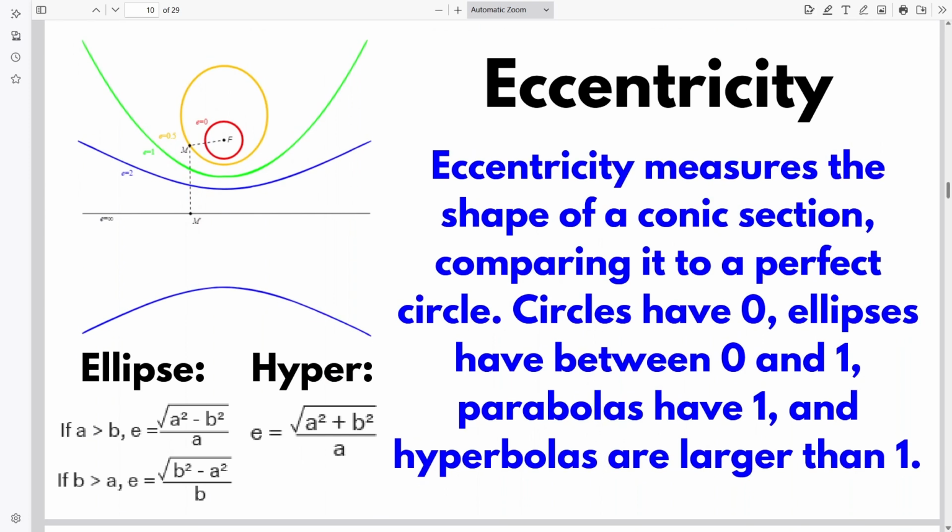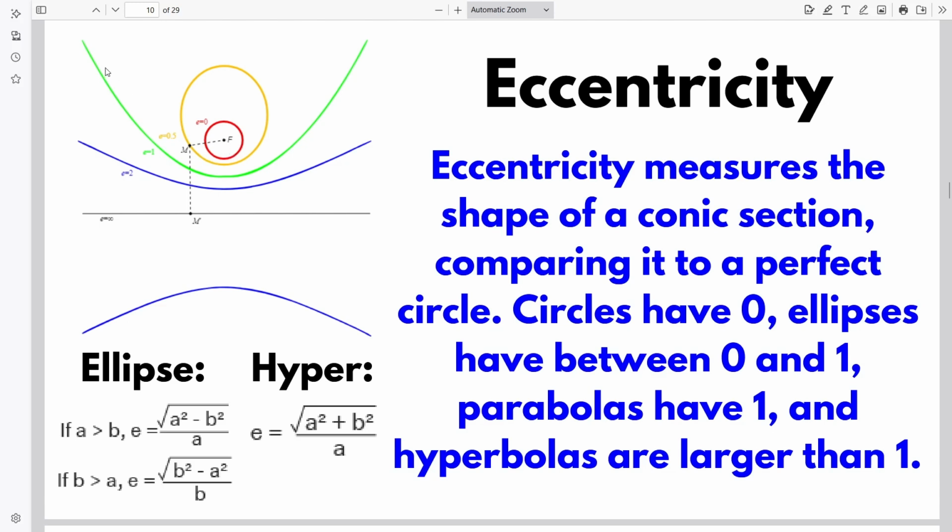Now it's on to the spooky, scary term, eccentricity. It's basically just how close it is to a circle. There's nothing really special about it. Yeah, there are these kind of complex formulas, but pretty much the smaller the value, the closer it is to a circle. So circles have 0, and ellipses are between 0 and 1.